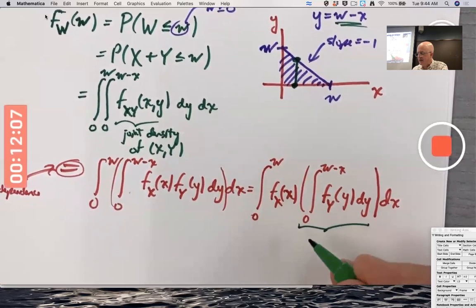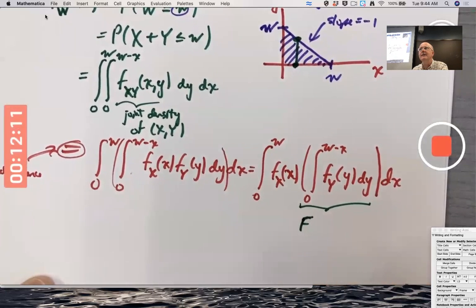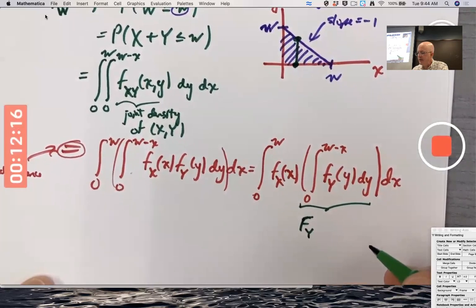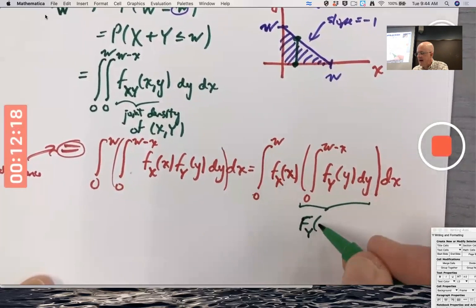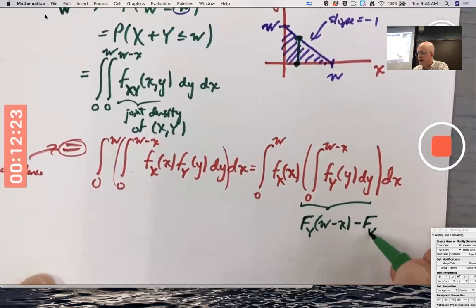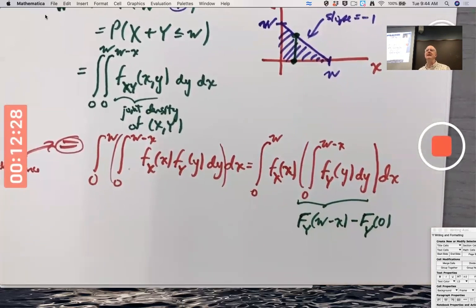Hey, I know an antiderivative, at least in the abstract, it's capital F subcapital Y. Think fundamental theorem of calculus, plug in the top limit of integration, subtract what you get when you plug in the bottom limit of integration. So that inner integral can be written without an integral sign. And in fact, it could even be simplified further. Does anybody see how? Could simplify that right there. What does that equal? What I'm pointing at?